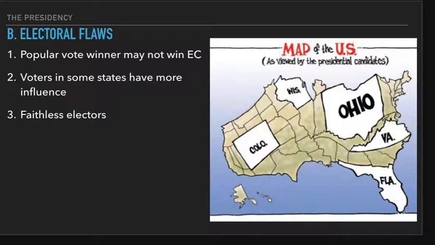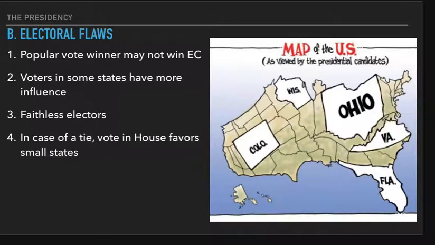Some states have in their constitution where they can prosecute you if you are a faithless elector. So the federal government's not going to send you to jail or fine you, but the state might because of their election laws. So if you become an elector, you just may want to be aware of that. In case of a tie, if it were to come down to 269 apiece, then it would go to the House, and that does tend to favor small states.